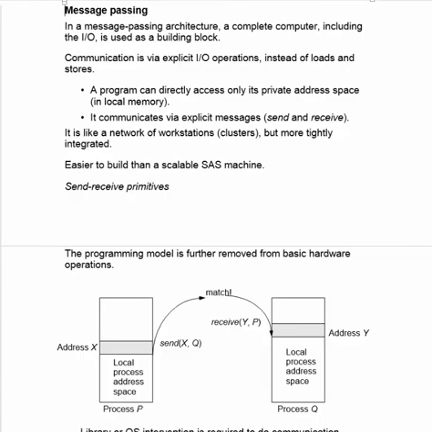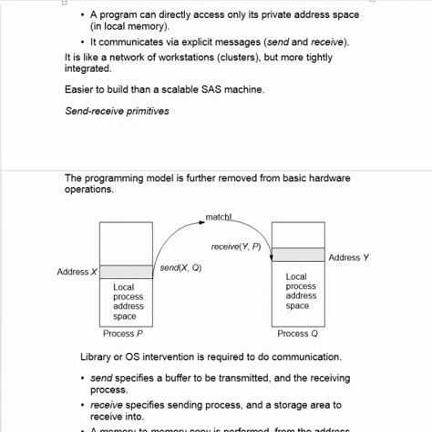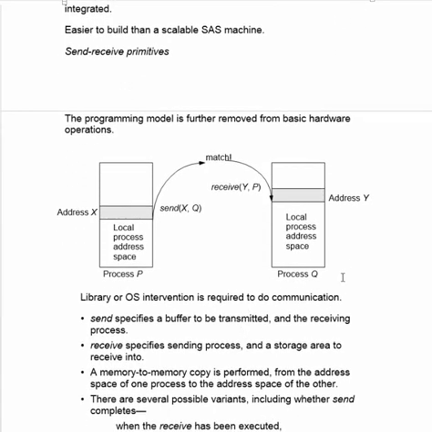We want to look at this little diagram down here where it shows what's going on when you send a message. So basically, the send primitive and the receive primitive both have two parameters. The send primitive specifies a buffer to be transmitted, let's say X, and that's the location from which the value is sent.